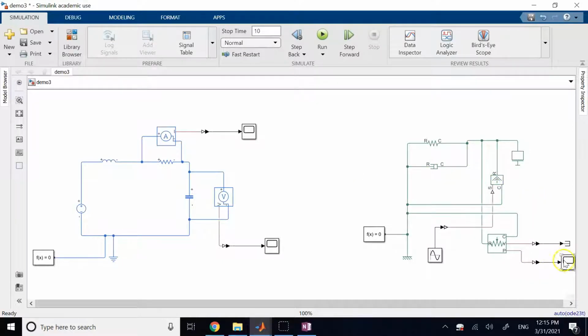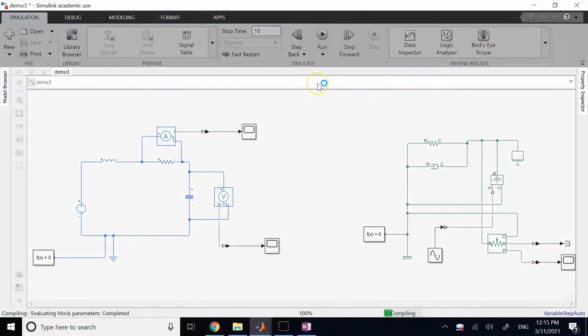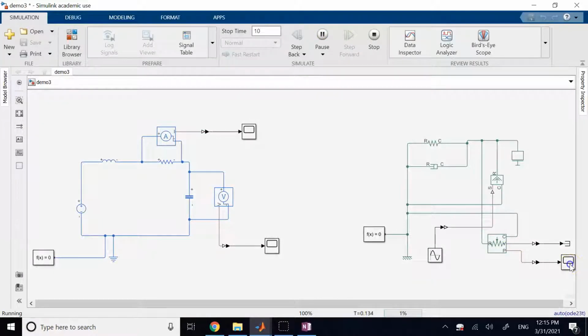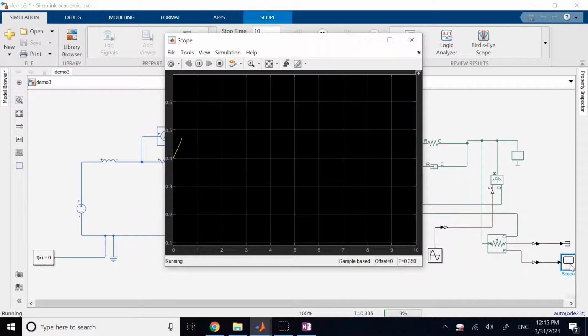But let's say here, I just want to look at the position of the block, right? So that's all it is. And now if I click here, it should be giving me what? The position of the block here. Okay, so it is showing how the position of that block is changing versus time as it tries to solve.